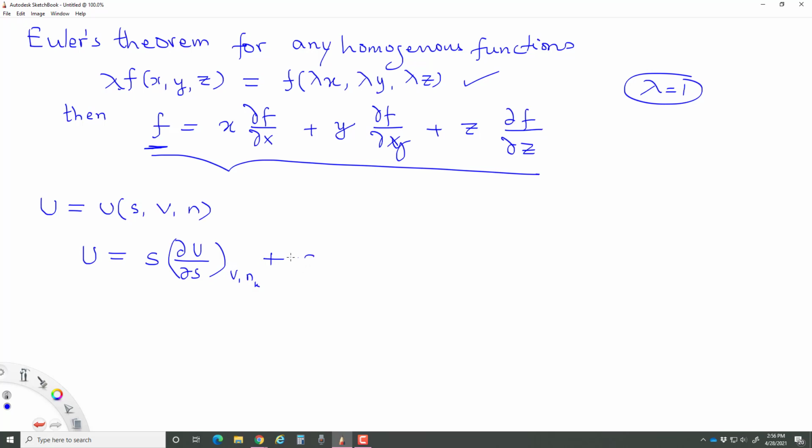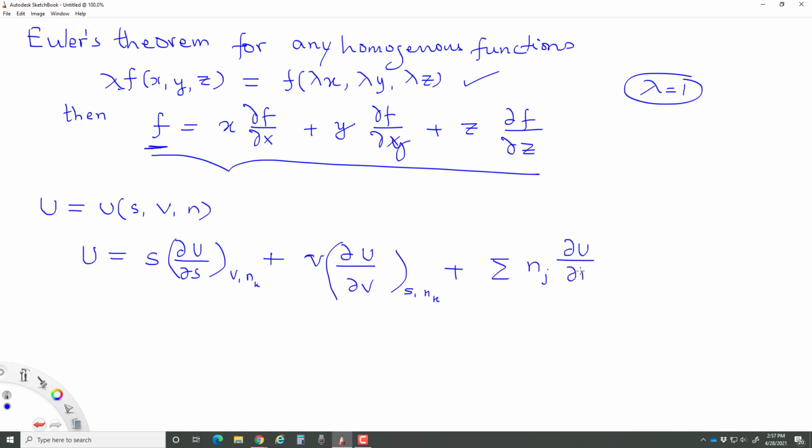And then this is V partial U partial V, keeping S and N constant, and then here the sum of all the terms due to the different species of the particles.